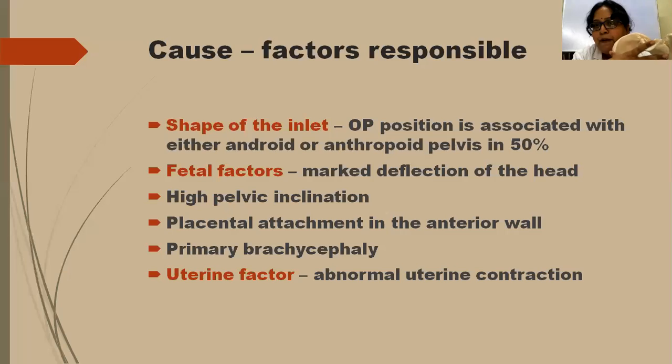In such a pelvis, the occipito-posterior position is more common because when this diameter is reduced, the engaging diameter will become occipitofrontal or suboccipitofrontal because of deflection of the head.